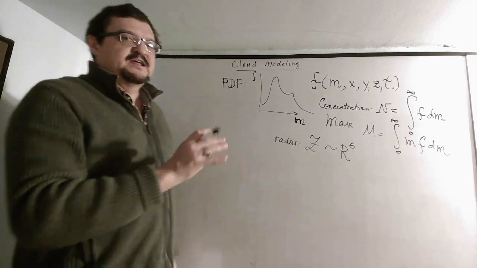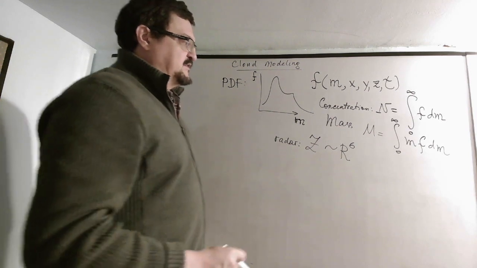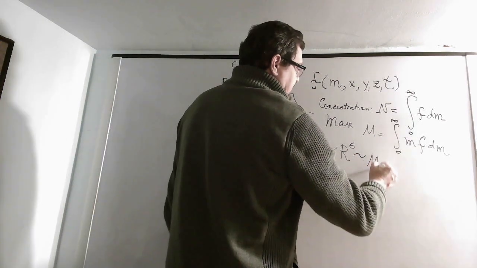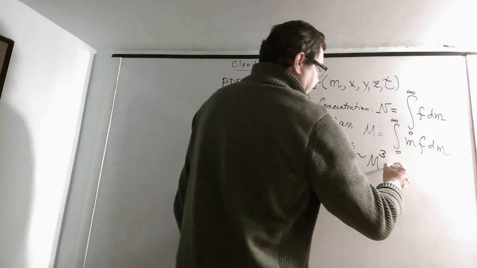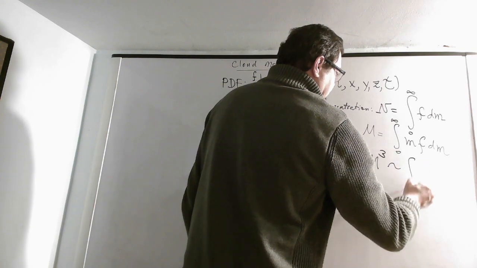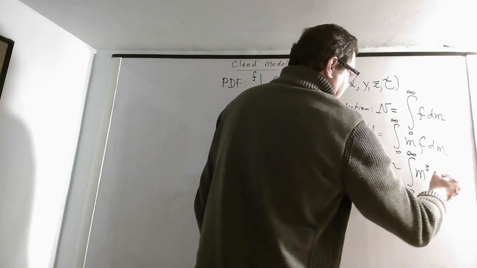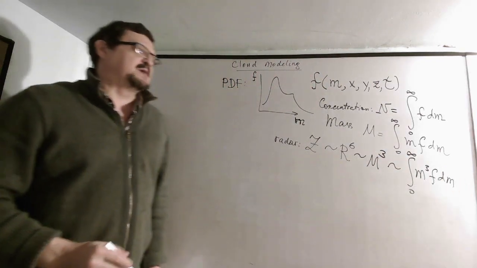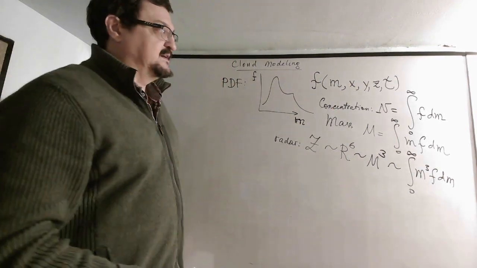So only very large particles reflect a radar signal well. In terms of mass, it's proportional to mass to the power of 3. So radar reflectivity can be computed as proportional to the integral of mass cubed times f dm. So it's the third moment of the distribution. As long as you know the distribution, you can compute all sorts of nice metrics.